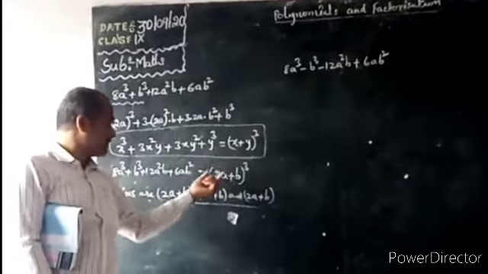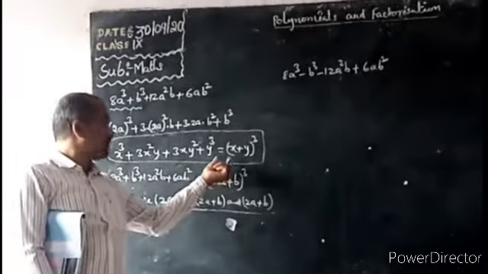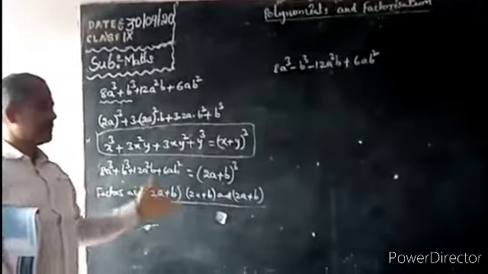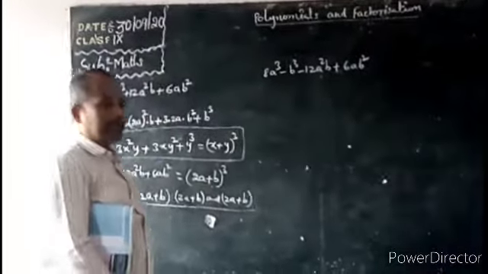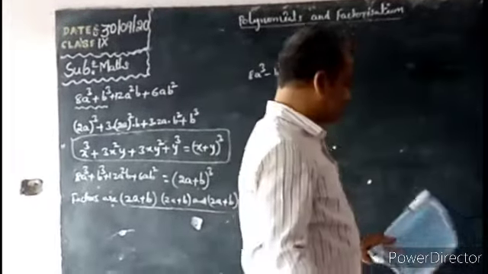That means in place of x we are getting 2a, and in place of y we are getting b. That is the x minus y whole cube identity. So the factors of that are 2a minus b, 2a minus b, 2a minus b, 3 times.